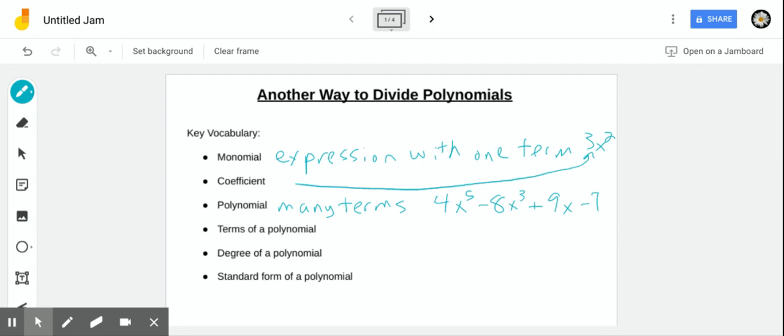We just talked about a polynomial. The terms of a polynomial, this is the first term, second term, third term, fourth term. I don't think I really need to write a definition for that. Terms are split by a plus or a minus sign. Now, the degree of the polynomial is the highest exponent.